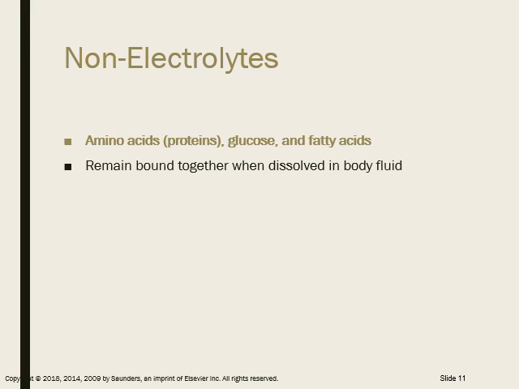Here we have examples of non-electrolytes. They are your amino acids or proteins, glucose, and fatty acids. Remember that they remain bound together when dissolved in body fluid. In the healthy individual who is eating normally, the non-electrolytes circulating in the body remain stable.